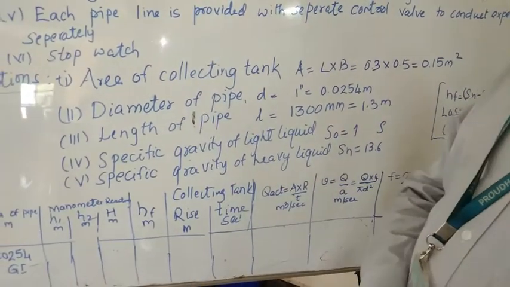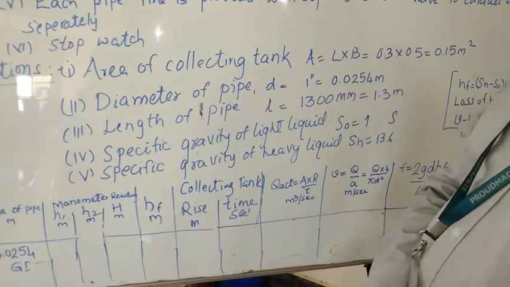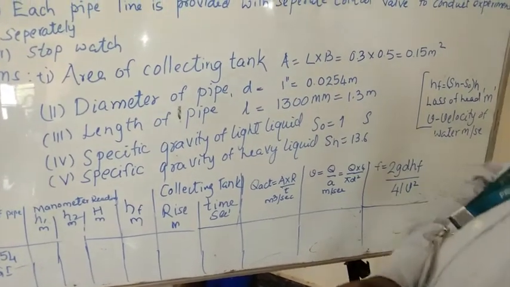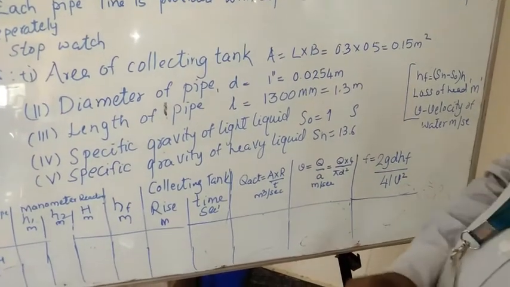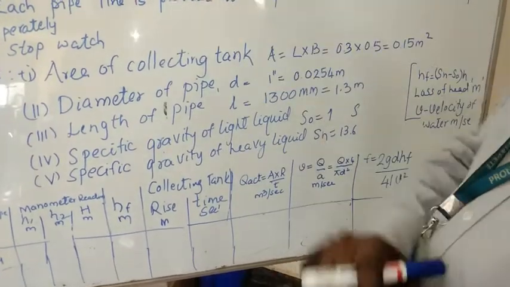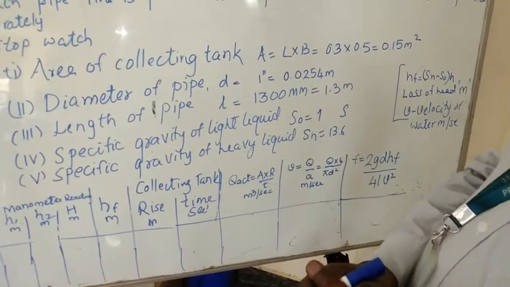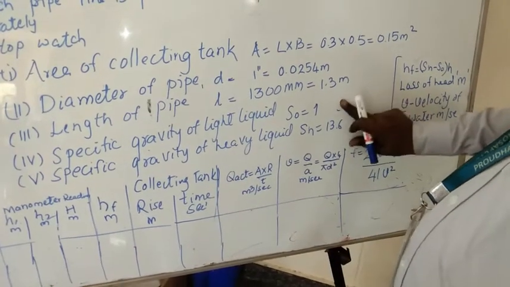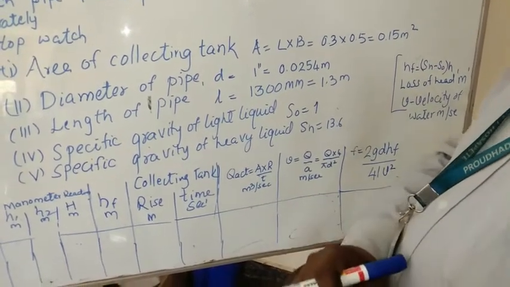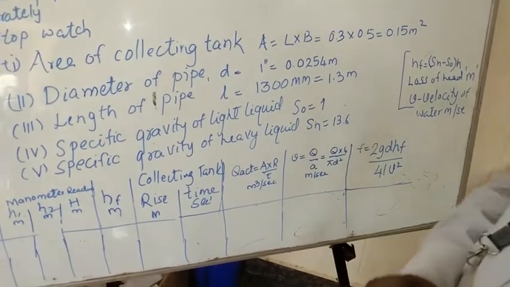Here we are using the differential U-tube manometer to measure the difference of head. It is provided with mercury. Here we are allowing water, the light liquid, hence the specific gravity of the light liquid is 1, and the specific gravity of the heavy liquid, since we are using mercury, SH equals 13.6.